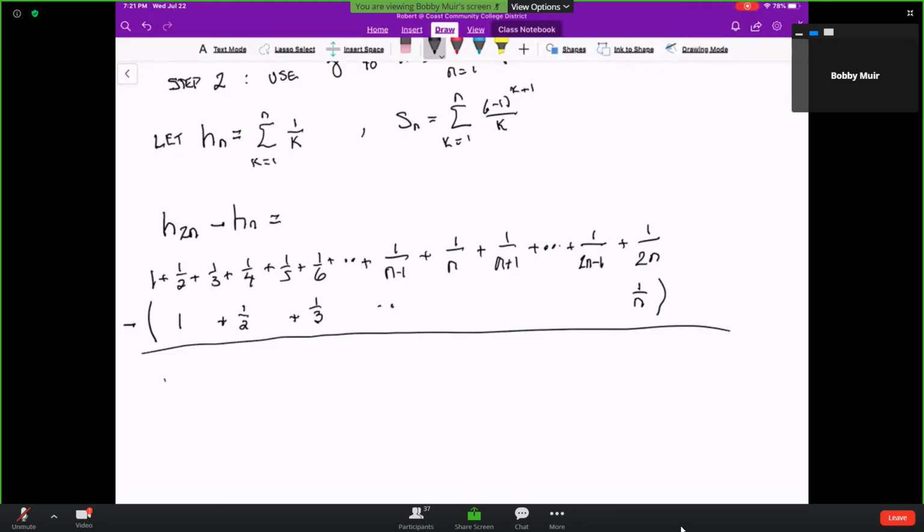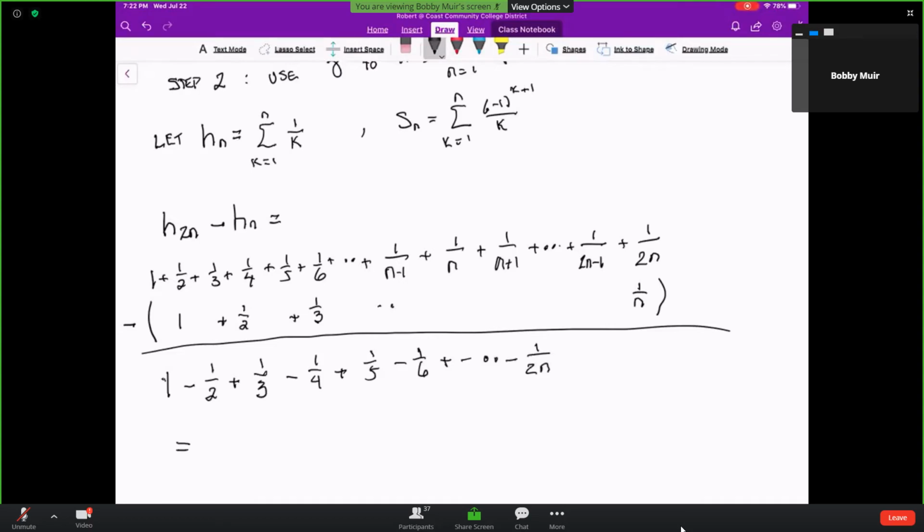So this list ends up being 1, 1/2 minus 1/2 is that, and then the 1/3 left alone, and then minus 1/4. A 5th doesn't do anything, but this goes to minus 1/6, plus minus dot dot dot. Then 1 over 2n minus 1 over n is minus 1 over 2n.